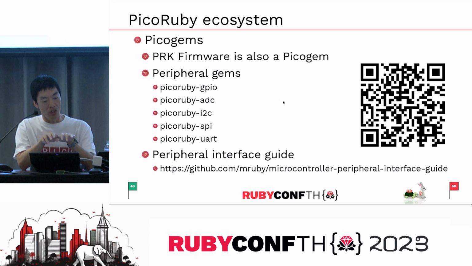PRK firmware is also a PicoGem, and libraries for peripherals like GPIO or ADC, which I showed you, are also gems. And there is a peripheral interface guide on GitHub, in the mruby organization, to make it easier to port to other microcontrollers.